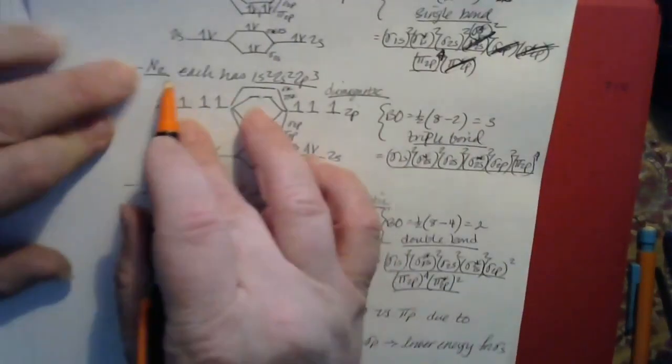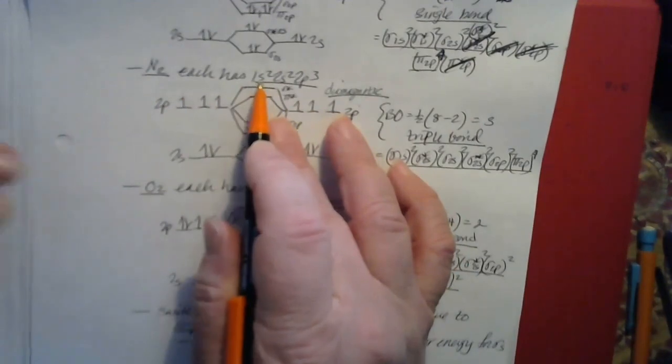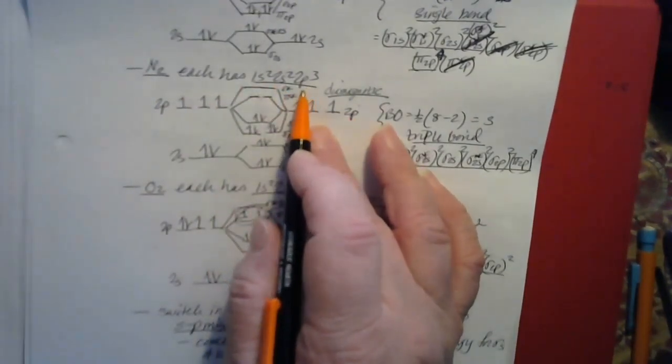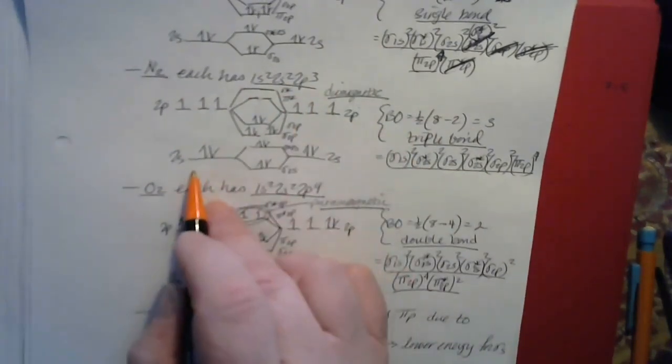Okay. All right, so each nitrogen would have an electron configuration of 1s2, 2s2, 2p3. On the left-hand side, again, we're going to forget about the core electrons. Looking at shell number 2, that's the valence shell.